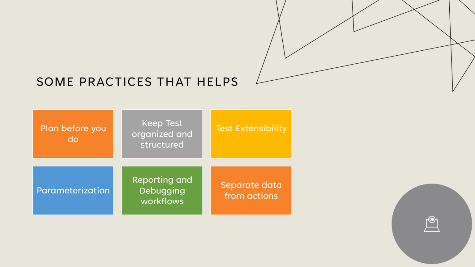Reporting and debugging workflows. Here you have to remember that most of the time we have to do a couple of debugs before we get it right. During the scripting phase, we should have the provision to look into the logs. As we have discussed previously, we should always separate data from the actions.